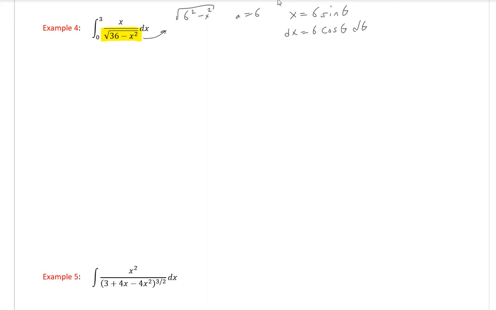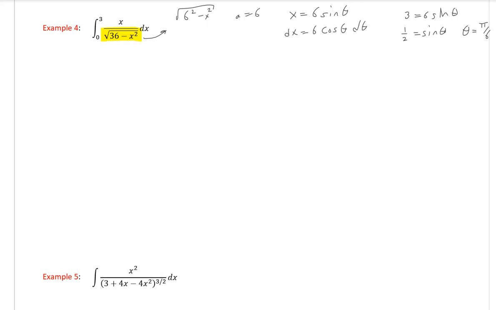Okay. Furthermore, we have bounds, so let's figure those out. We first have 3 on top, so I'll say 3 equals 6 sine of theta. So if I divide 6 over, I get 1/2 equals sine of theta. Sine of theta is positive in quadrant 1 and 2, and since this is positive, we're talking about quadrant 1. And this specifically happens, 1/2 happens when sine is at pi over 6. Again, this might require some unit circle stuff.